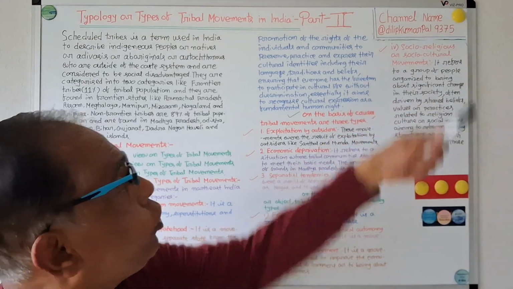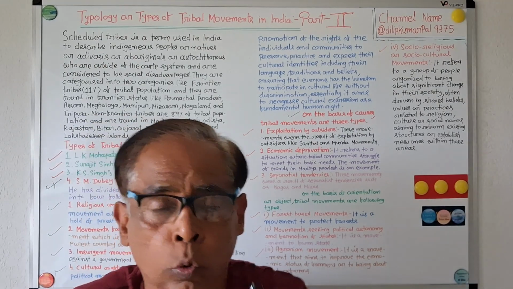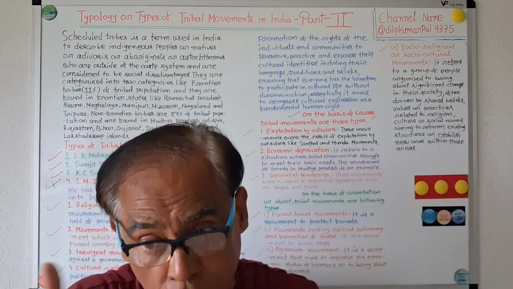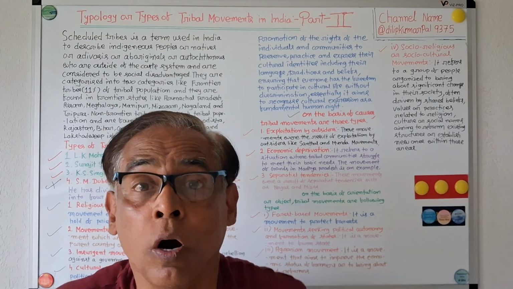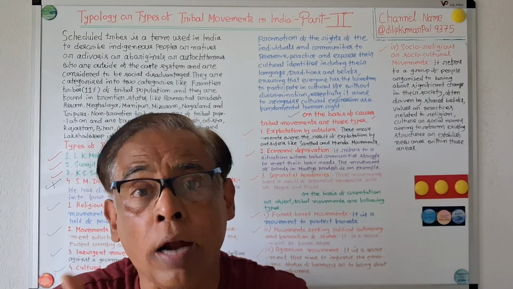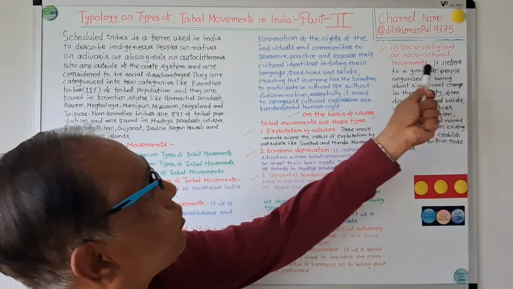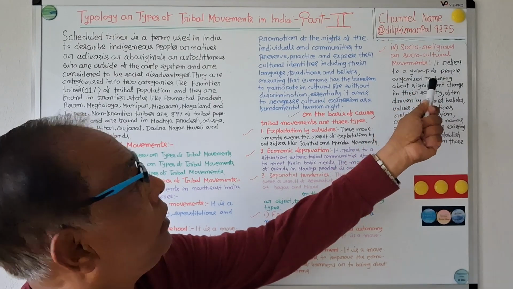So, socio-religious or socio-cultural movement is a movement whenever a group of people will try to bring about reforms in the existing social structure, or they want a complete change. It is known as the socio-religious or socio-cultural movement.